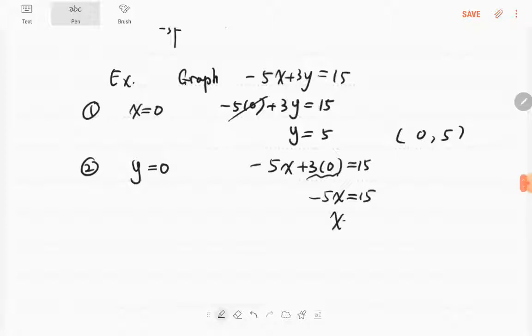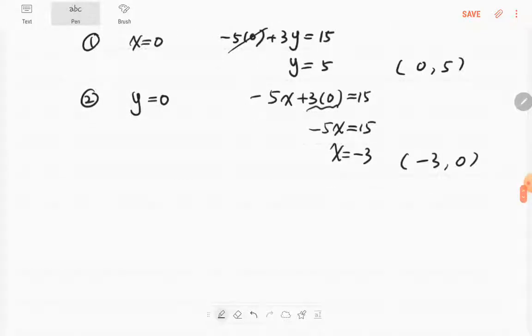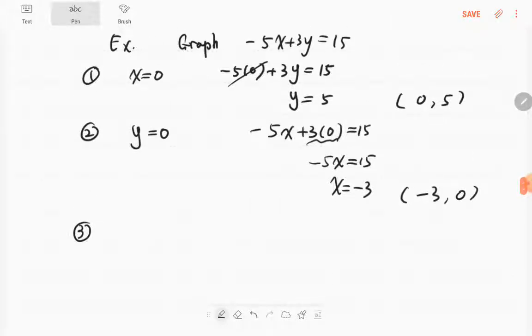And we know x is equal to negative 3. So the second point is (-3, 0). We already know that's enough to draw a line, but we still test the third value.